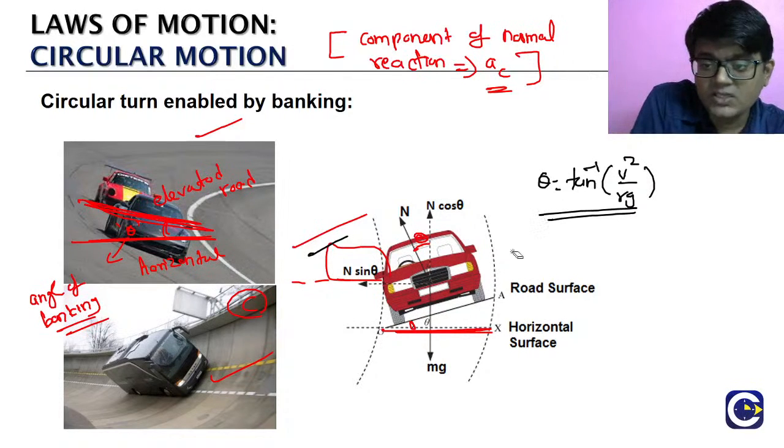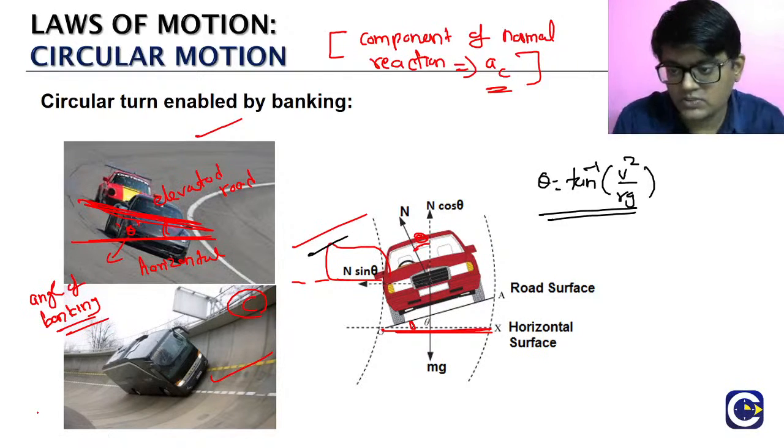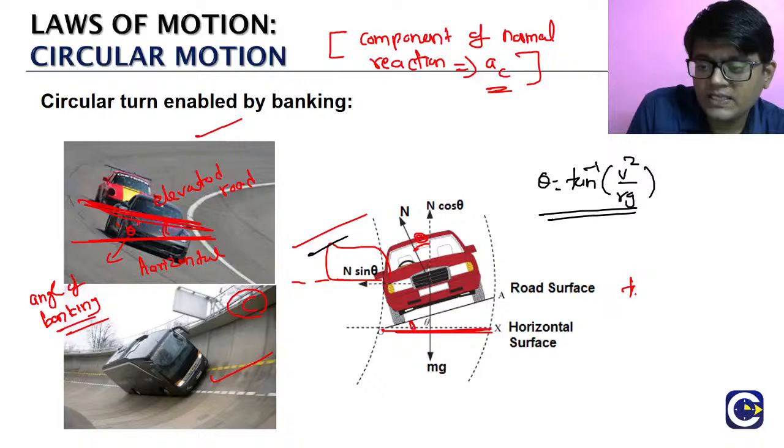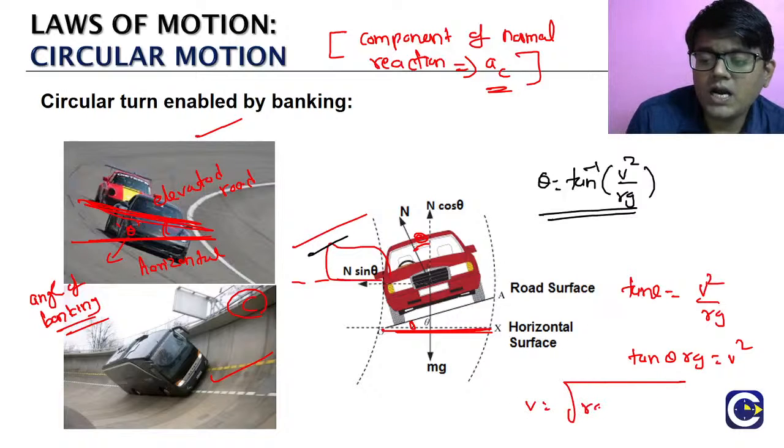So what is the relation? Tan theta is equal to v square by rg. Means tan theta into rg is equal to v square. So v is equal to root of rg tan theta.